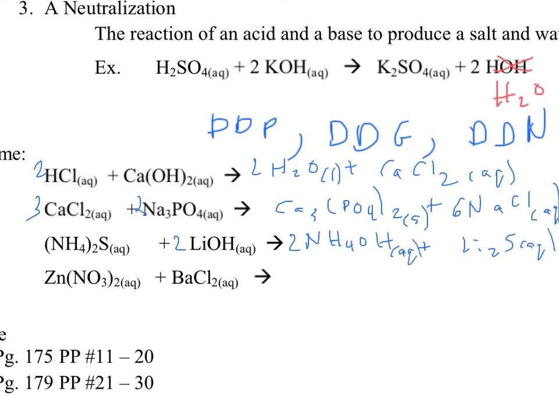You might be tempted to call this a no reaction, but you have a gas-forming molecule here. NH4OH, as soon as it's made, decomposes into water and NH3. This makes this a double displacement gas reaction.